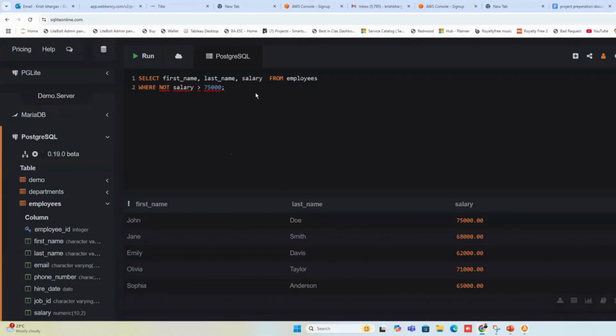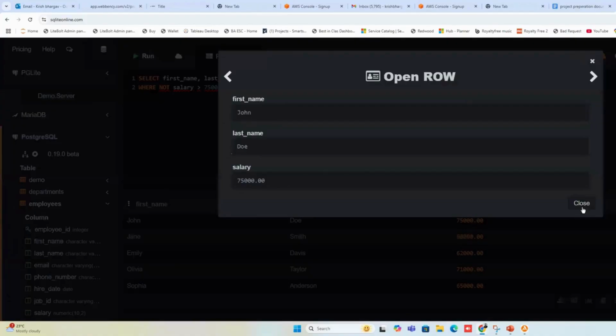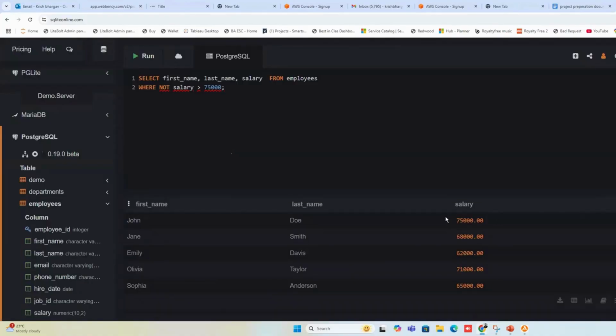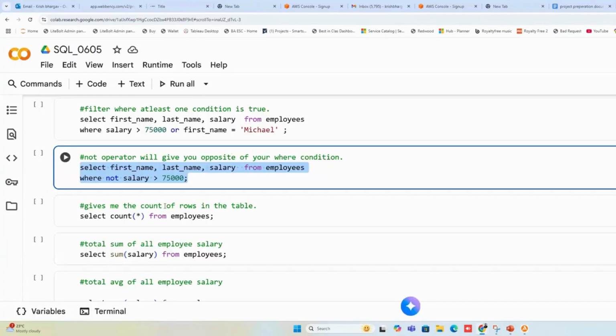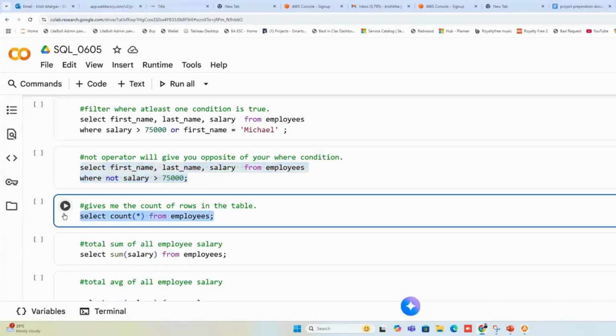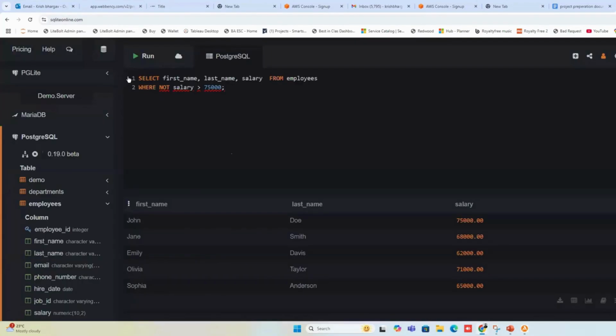NOT means where salary is not greater than 75,000. You see, you got 75 as well. Does that mean it is not greater than or equal to? It is greater than. That is why you get 75 as well. You understood? A lot of people get confused there. So why is 75 showing there?